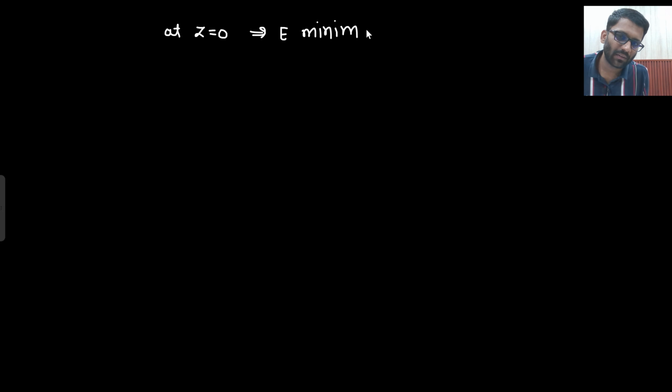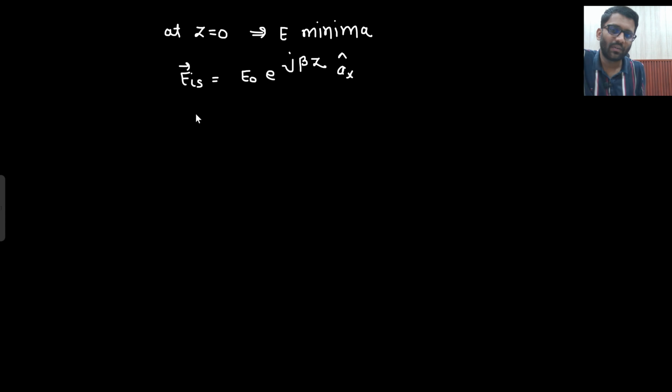Now can you write down your incident wave? Only the phasor form I am writing. That would be E0 e^(−jβz) ax. What would be your reflected wave? That would be Γe E0 e^(jβz) ax.